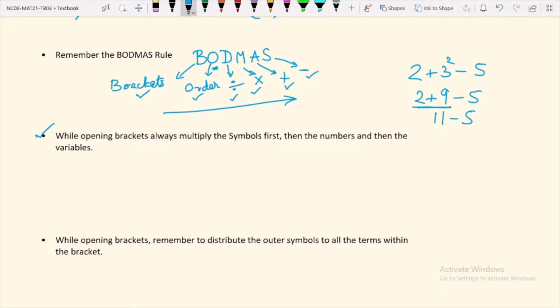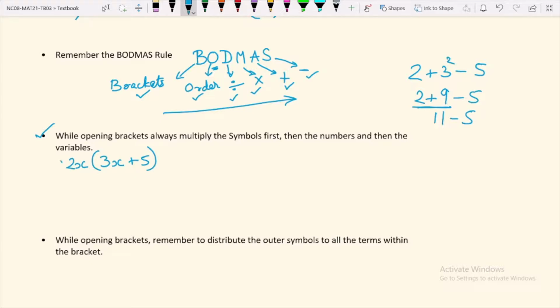Next point is, while opening brackets, always multiply the symbols first, then the numbers, and then the variables. If the problem was 2x into bracket 3x plus 5, first, while opening the brackets, always multiply the symbols first.